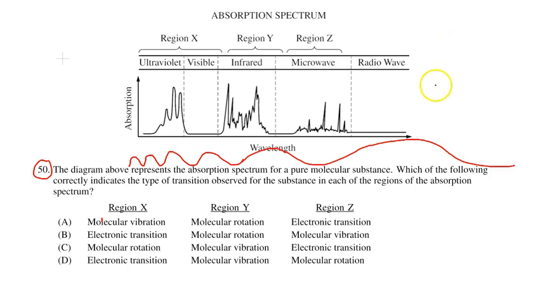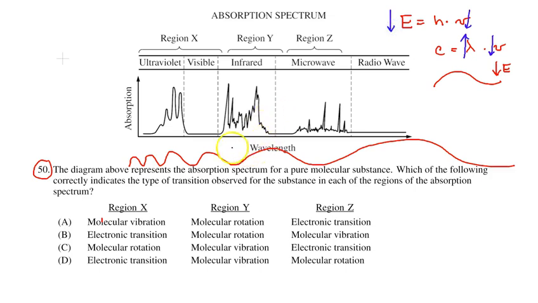So we should know the longer the wavelength, the lower the energy. Energy is equal to Planck's constant times the frequency. Now, the speed of light is equal to the wavelength in meters times the frequency. And now what we should know is, it's an inverse relationship, the higher the wavelength, the lower the frequency. So either way, lower the frequency, lower the energy.